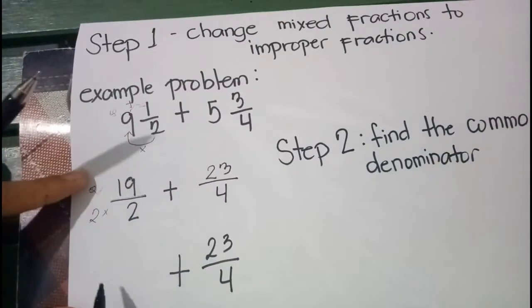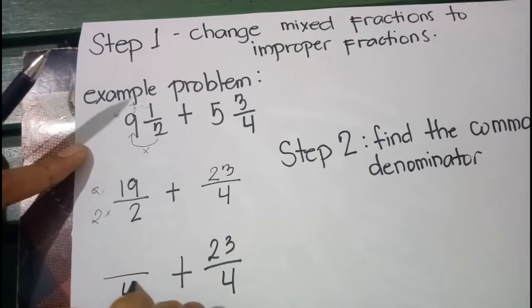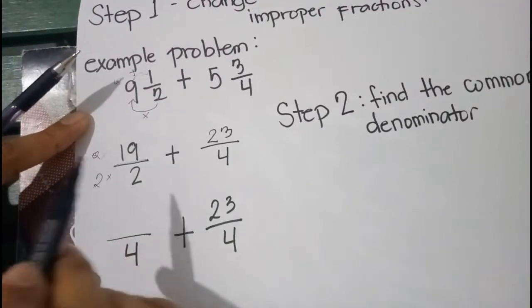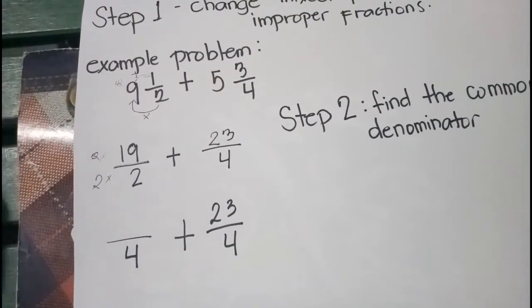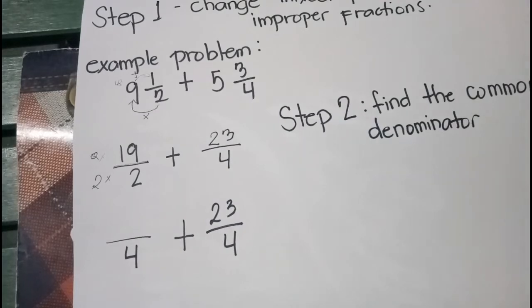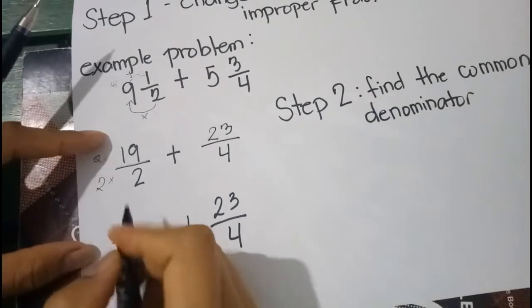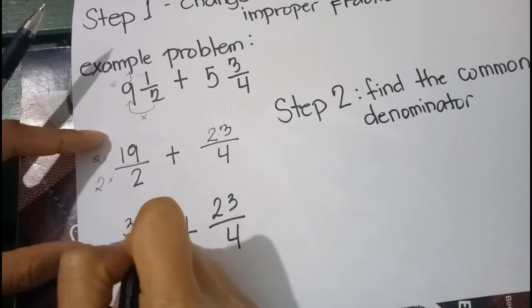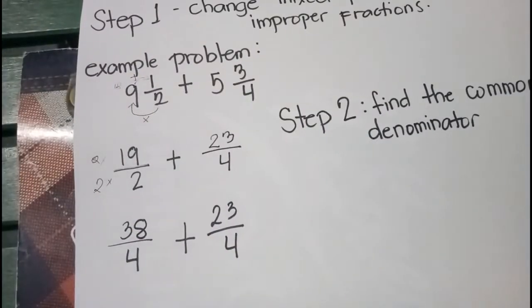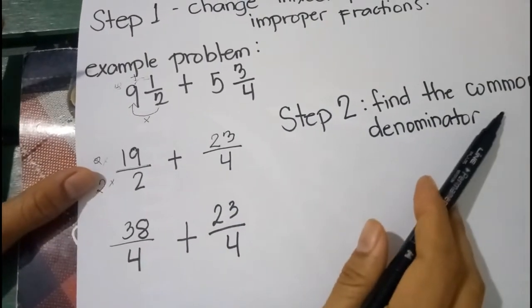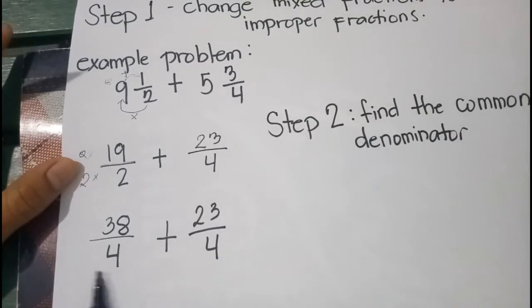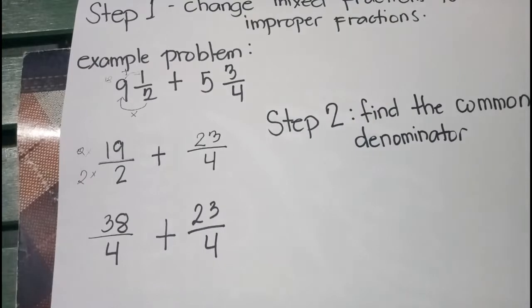So 2 times 2 is 4. 19 times 2 is 38. So let me just write 38 here. This is our step 2. We find the common denominator, and now we have the same denominator here, 4.